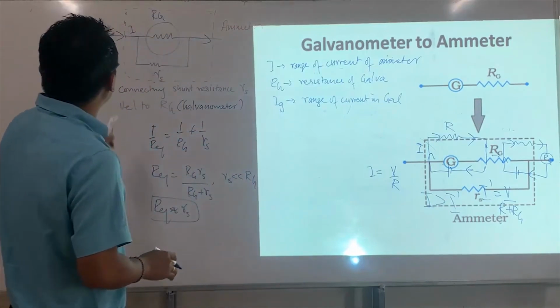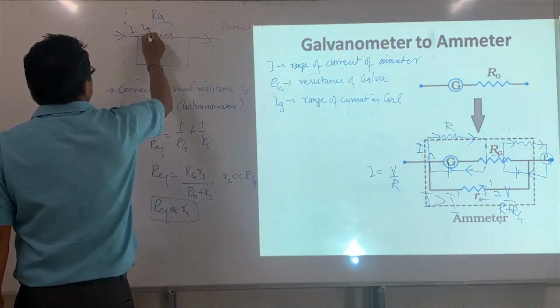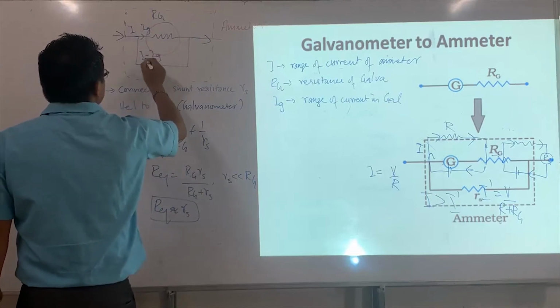Now we will find out. Look here. The current goes like this, and this is Ig, and this is I minus Ig.